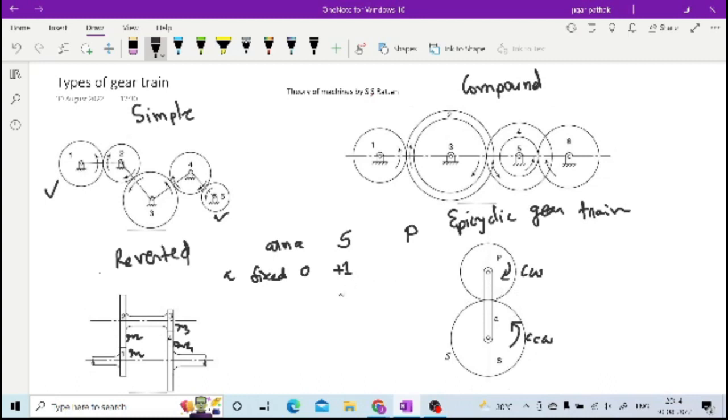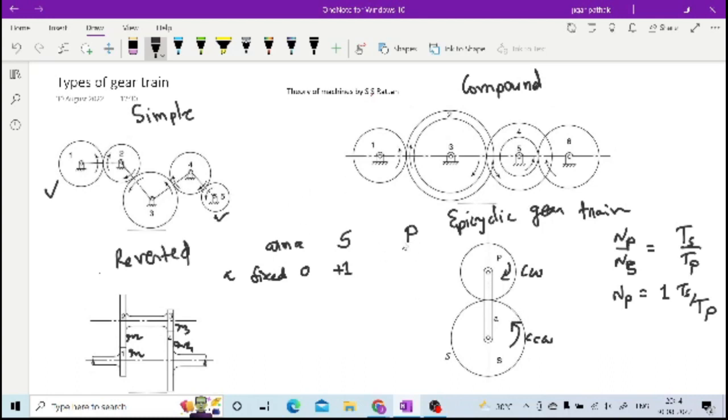So if S has +1 revolution, what is going to happen to the speed of P? You have np by ns is equal to ts by tp. Here you have assumed ns as 1, so if you find np, then it is 1 into ts by tp.